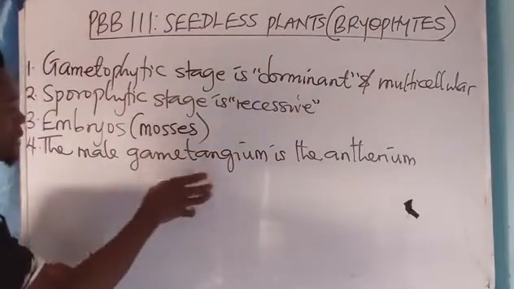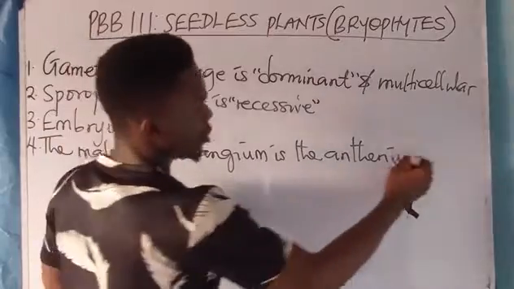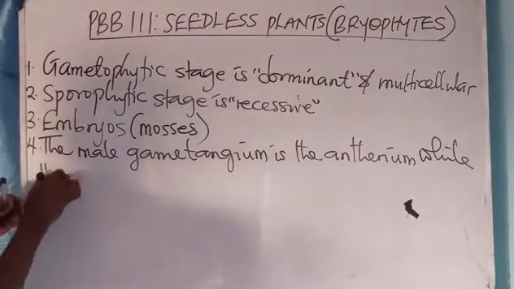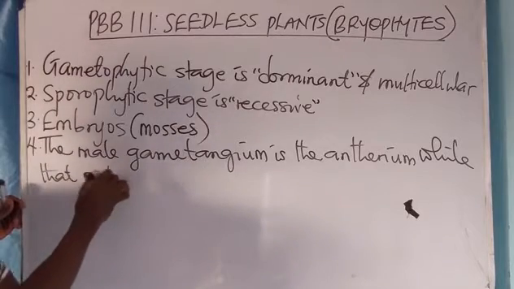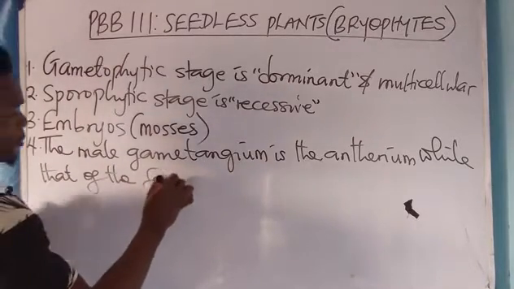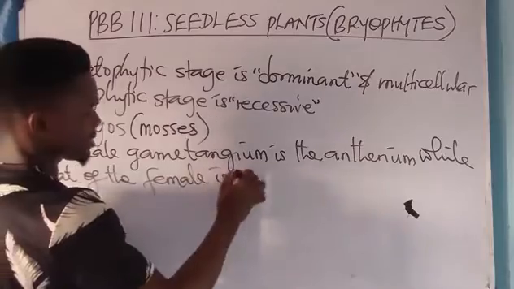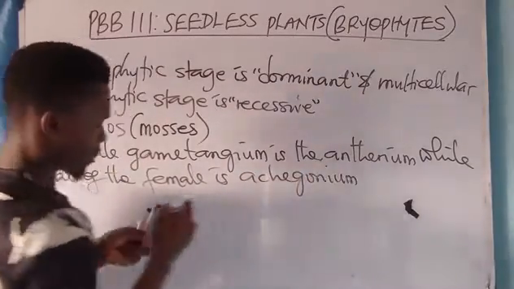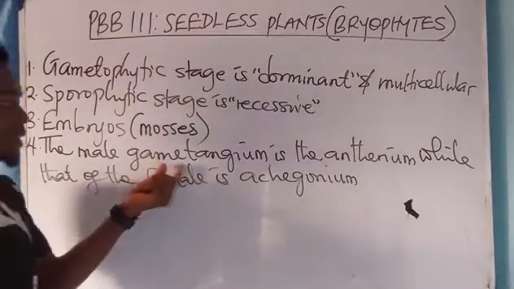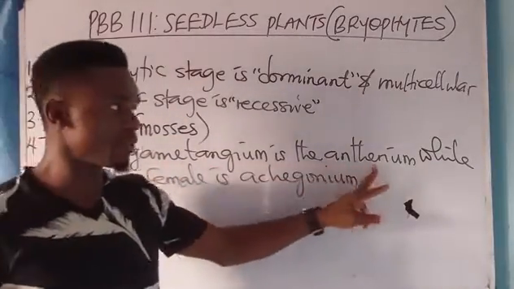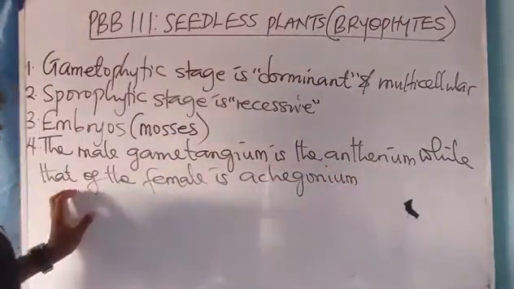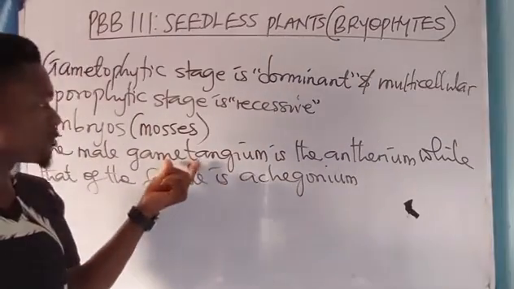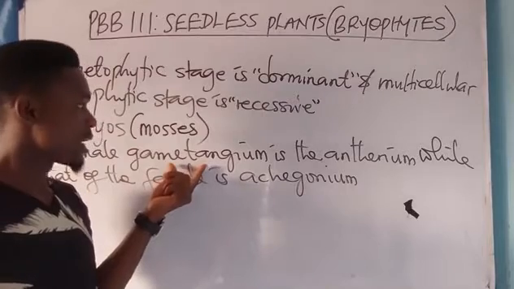The male gametangium is the antheridium, while that of the female is the archegonium. Now, let me quickly explain the meaning of this word, gametangium.